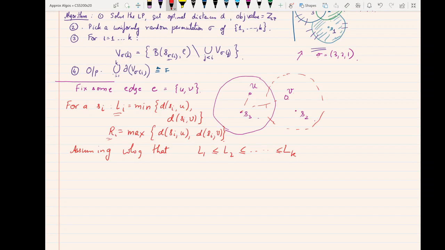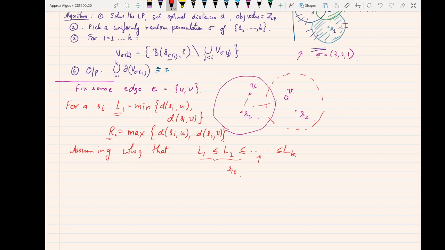What this arrangement means is that it's not just enough for, say, s10 here to have its radius within this range, that is between L10 and R10, in order to cut the edge uv, but it should also do so without any of the previous ones being cut. That is, without any of the previous terminals already cutting this particular edge. Because if they had cut this particular edge by capturing one of the vertices, then clearly the edge crossing is counted in that particular terminal's count.